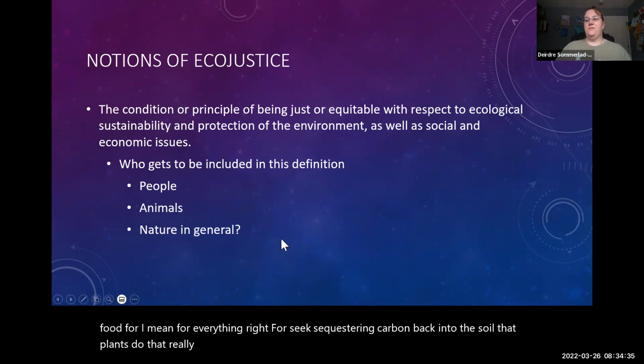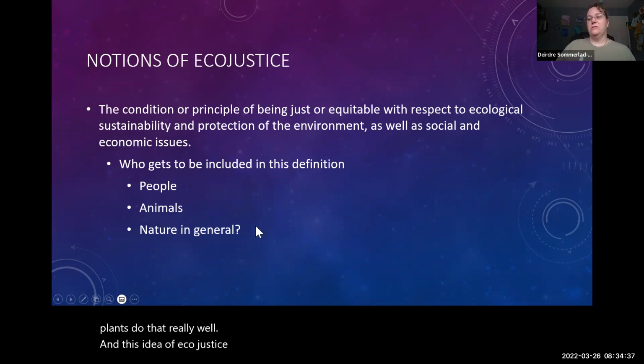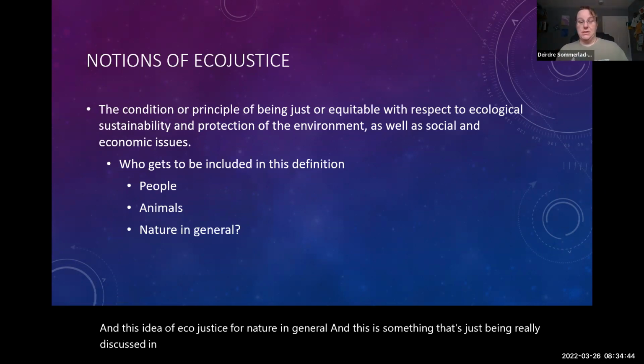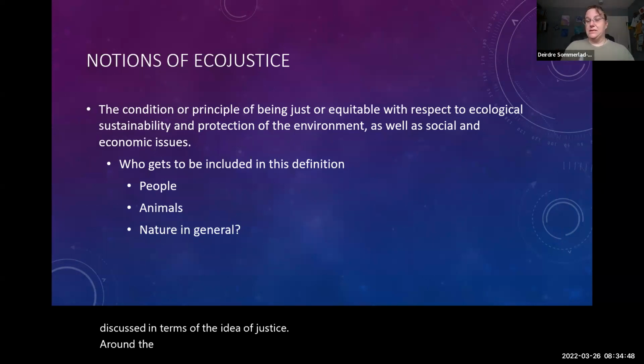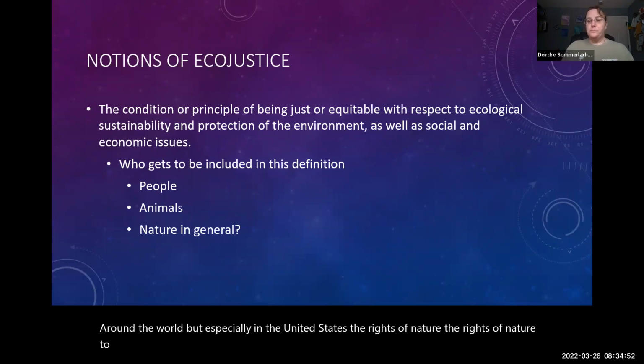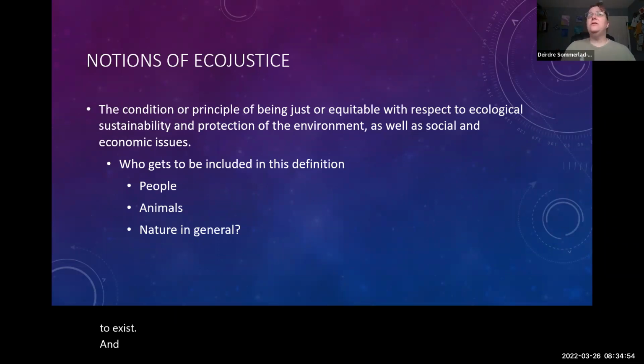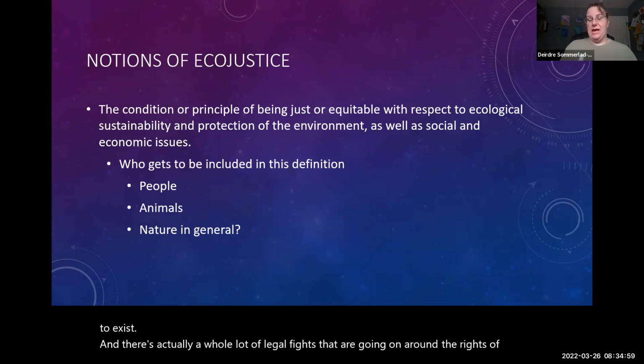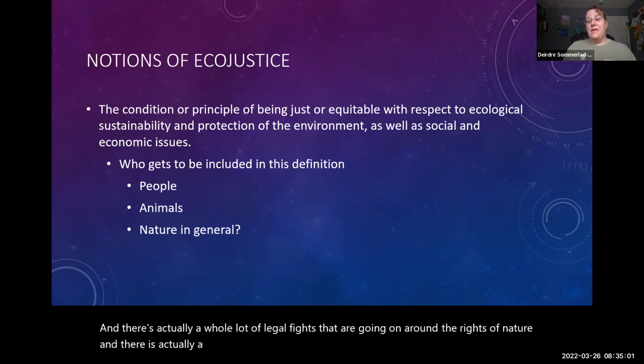And this idea of eco-justice for nature in general is something that's really being discussed in terms of the idea of justice around the world, but especially in the United States: the rights of nature to exist. There are a whole lot of legal fights going on around the rights of nature. And there is actually a Nature Bill of Rights that has been proposed both in the United States as well as globally.